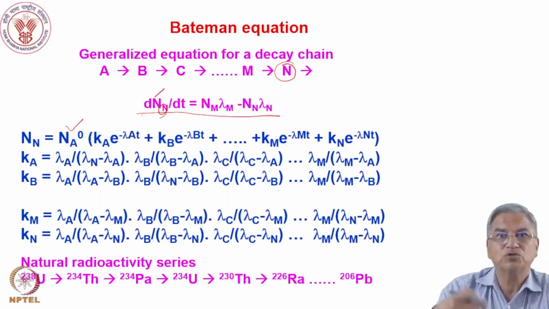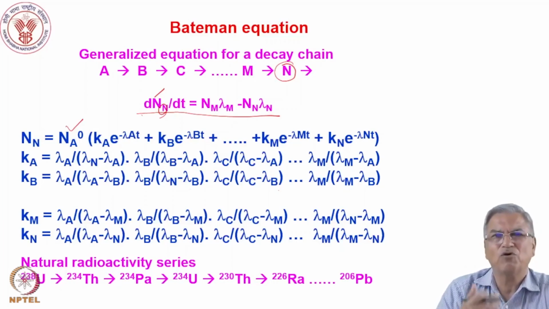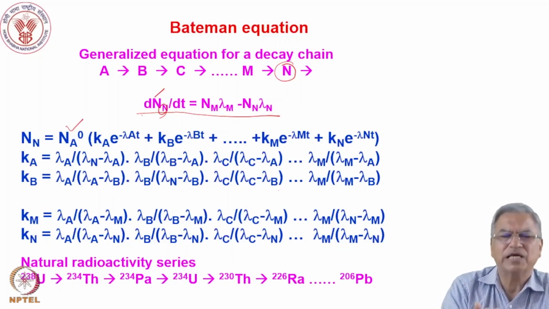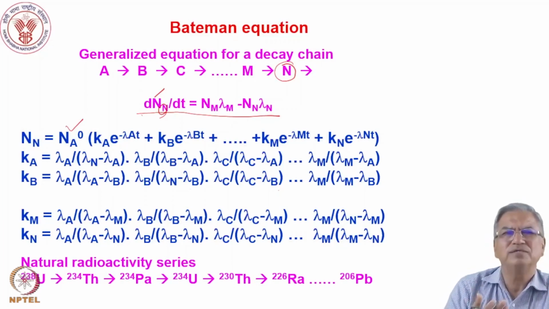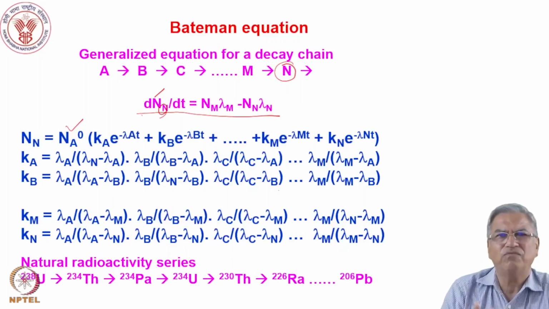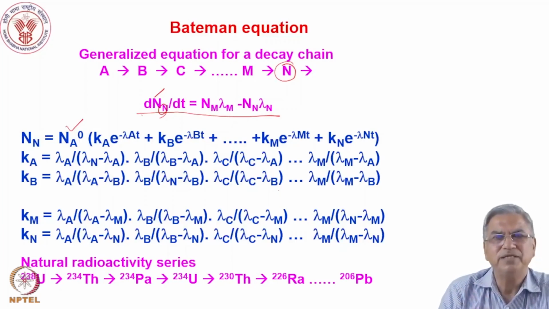For example, you want to separate 226 radium from an old uranium sample, but you want to know a priori what will be the number of atoms or the activity of 226 radium. There you can do this calculation and arrive at whether it is worth going for separation at this point of time or not. So these Bateman equations are very useful in finding out the activity of daughter products in a natural radioactivity series.